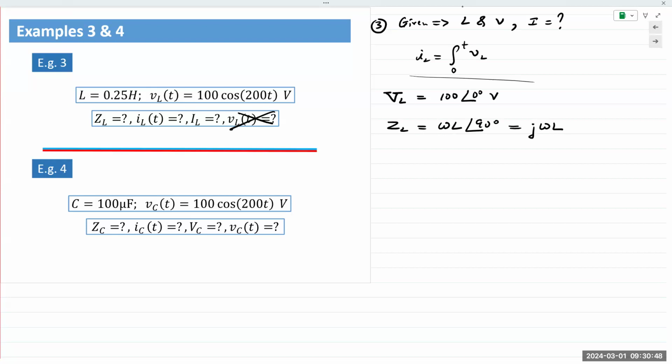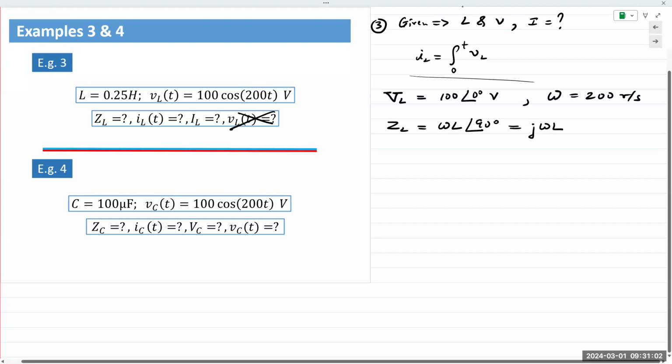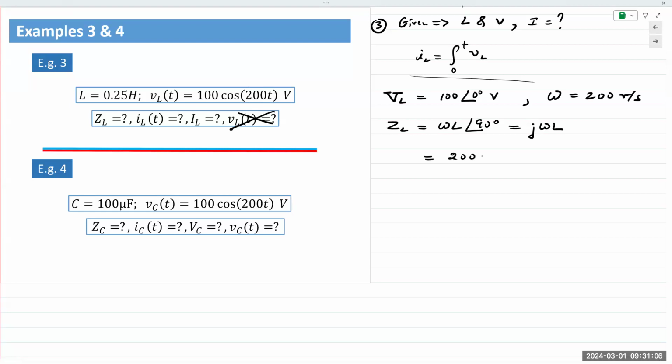Omega is 200 radians per second. That is the information given to us. And I can write ZL as 200 times 0.25 with an angle of 90 degrees.